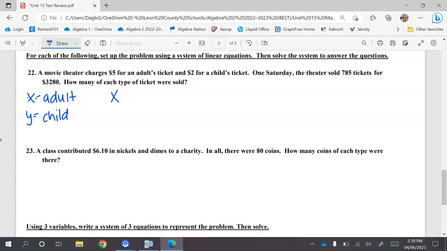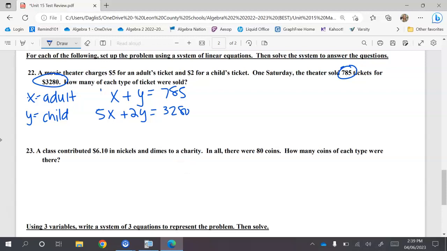I have all my adult tickets and all of my child tickets for a total of 785 tickets. When it comes to money, it was $5 for each adult ticket, and $2 for each child ticket, and that ended up being a total of $3,280.